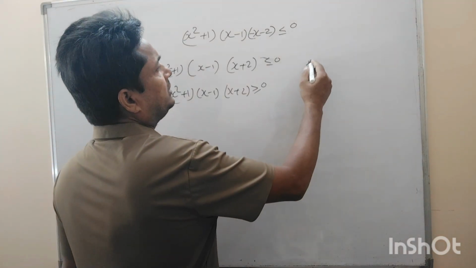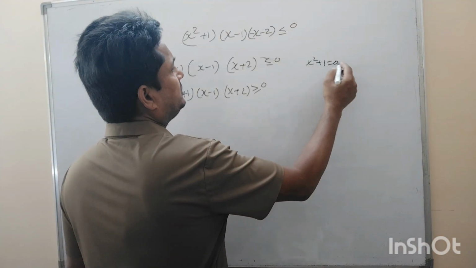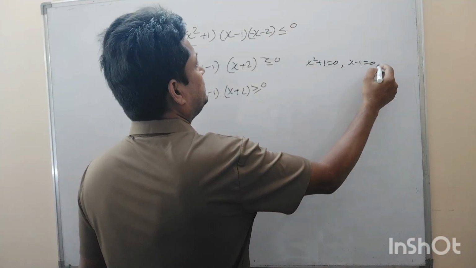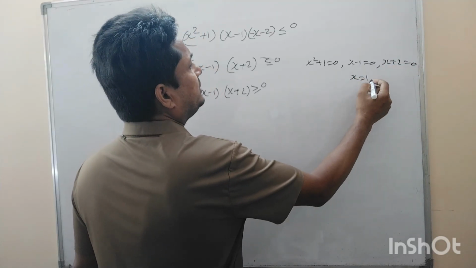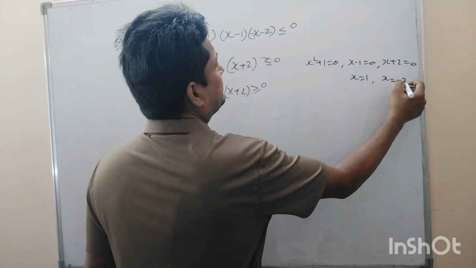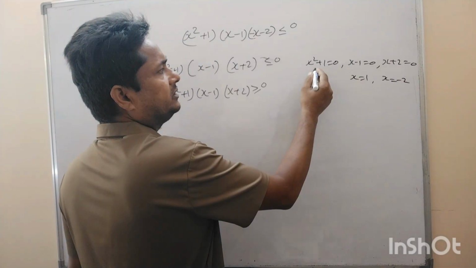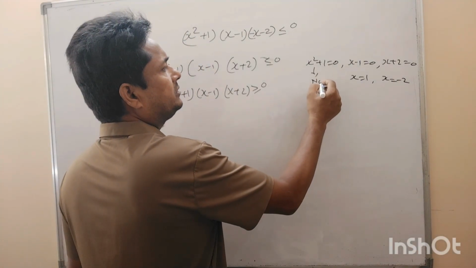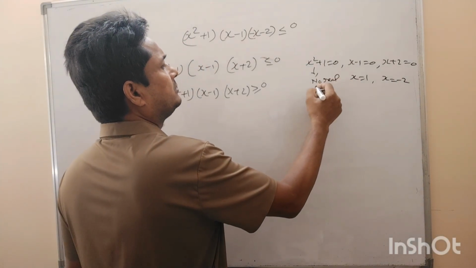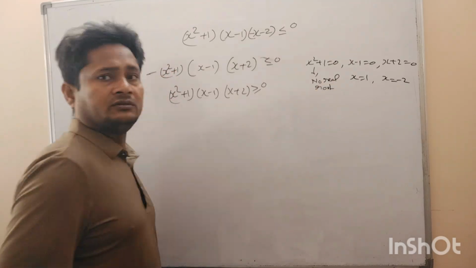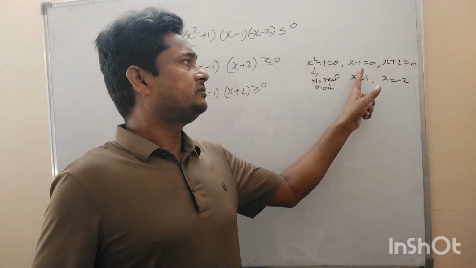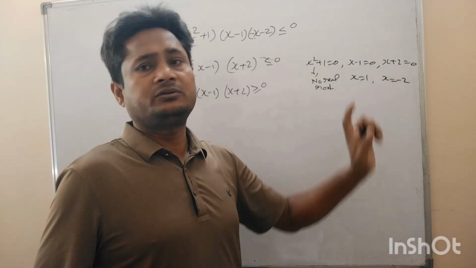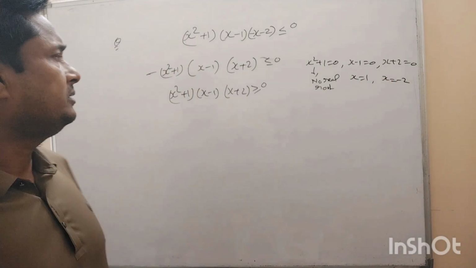See here, x square plus 1 is equal to 0. x minus 1 is equal to 0, x plus 2 is equal to 0. From here x equals 1, from here x equals minus 2, and from here no real root. This is not giving me a real root, and real roots we are getting from these two factors. Right?